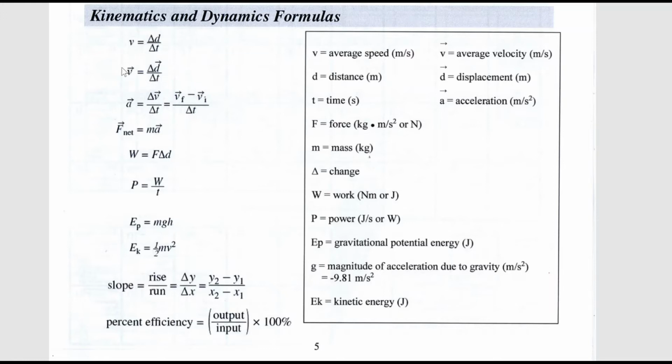The first two formulas are exactly the same, except one deals with average speed and one deals with average velocity. Now remember, velocity, because it's got an arrow on top of it, is a vector. It has a directional component. So where speed was the distance divided by the time, average velocity has to be displacement divided by the time. It's got to have a directional component.